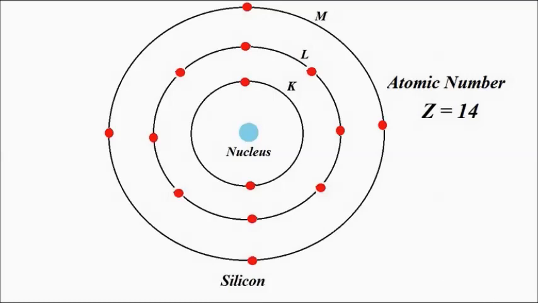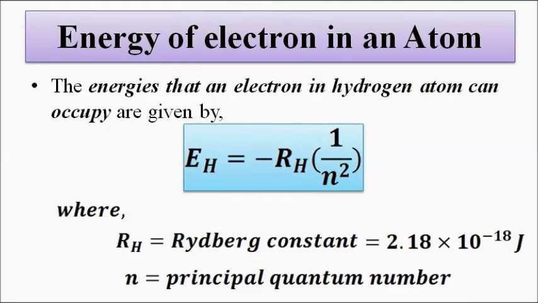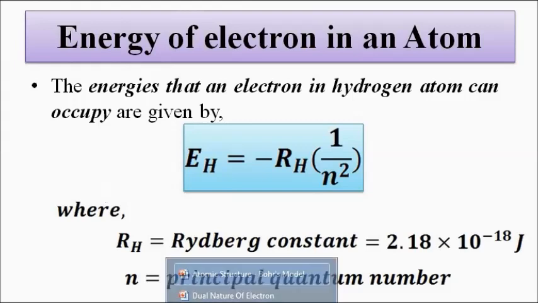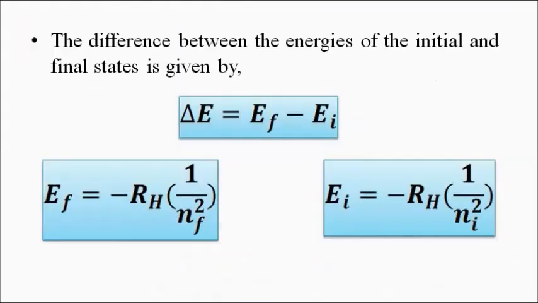Each electron in a particular orbit has a particular amount of energy associated with it, which is related to the principal quantum number, the specific orbit in which it is revolving. Next is the difference between the energies of the initial and final states, which is related to electron excitation or dropping down of the electron.